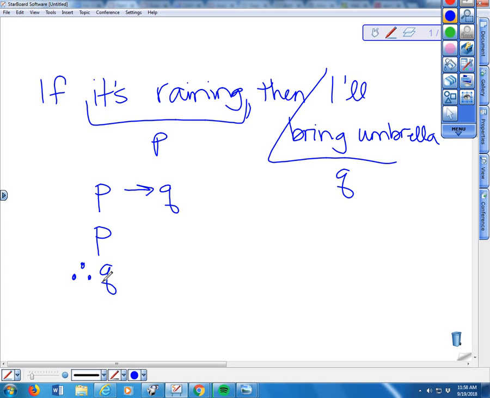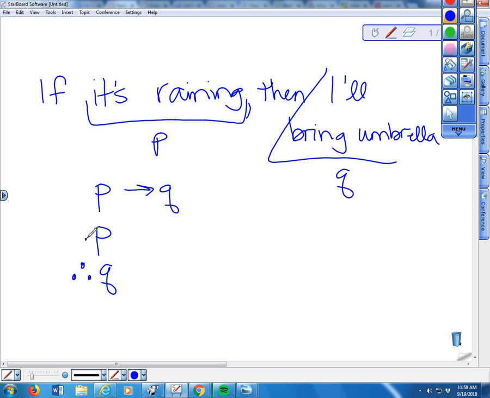Okay, now don't get confused with this. If I tell you if P then Q, if it's raining, then I'll bring an umbrella, and then I tell you I'm bringing an umbrella, can you conclude it's raining? It only works if I'm given the hypothesis as fact. If it's raining, then I'll bring an umbrella. What do you know?